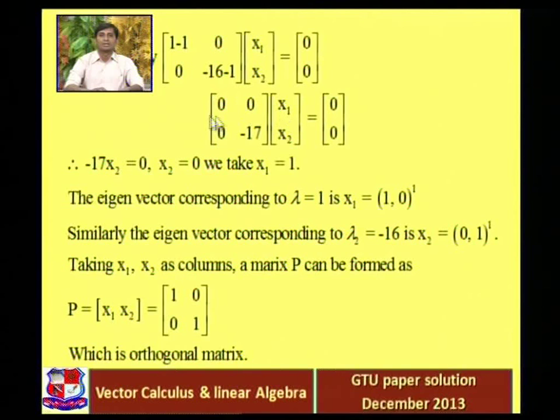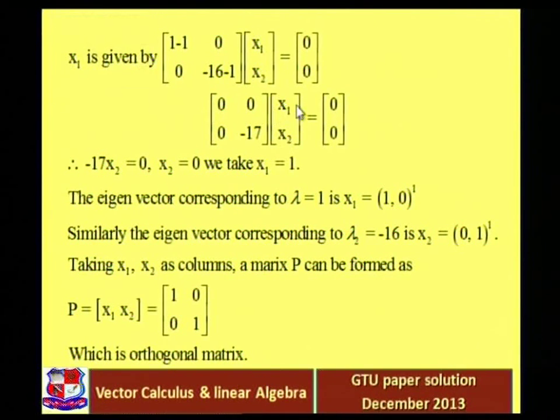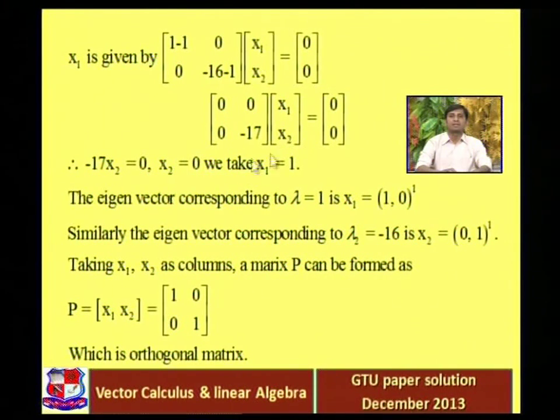Now from that matrix, the first row gives 0 times x1 plus 0 times x2 equal to 0, so 0 equals 0 from that equation. But consider the second row: 0 times x1 minus 17 times x2 is equal to 0.